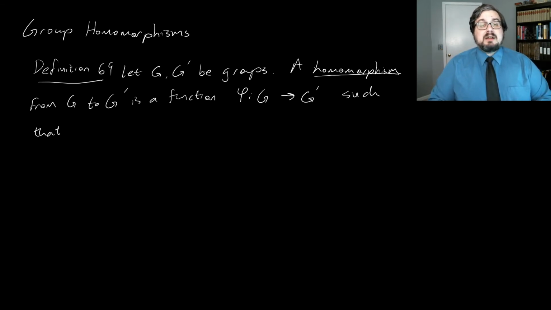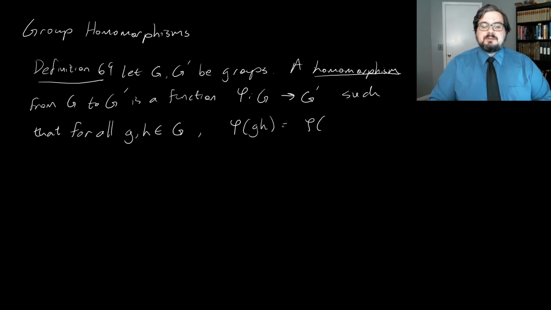However, the one condition we have is a strong and powerful one. The condition we need is that for all g and h in G, we have that phi of gh is equal to phi of g times phi of h.